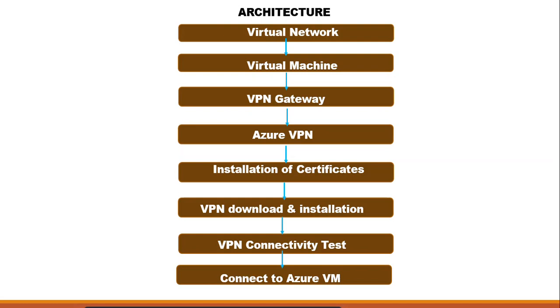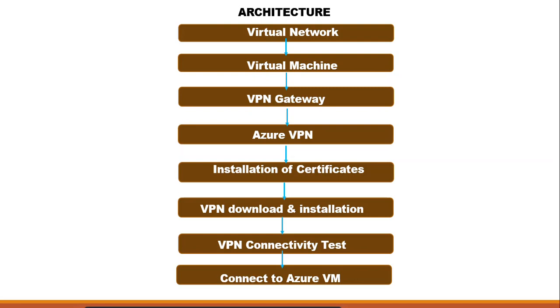After that, we'll go over to VPN gateway, and from VPN gateway we get down to Azure VPN, and we then talk about installation of certificates, where we'll have the client and the root certificate, and then we will go ahead to download the VPN and install it.